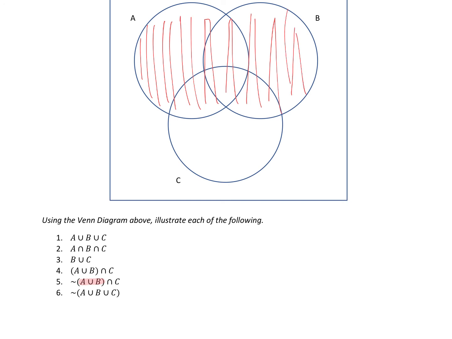Kind of hash marked in. Then I have to do the not first. So not A union B. So this not. Okay, well that's going to be everything that's not red, right? So that's going to be everything out here.